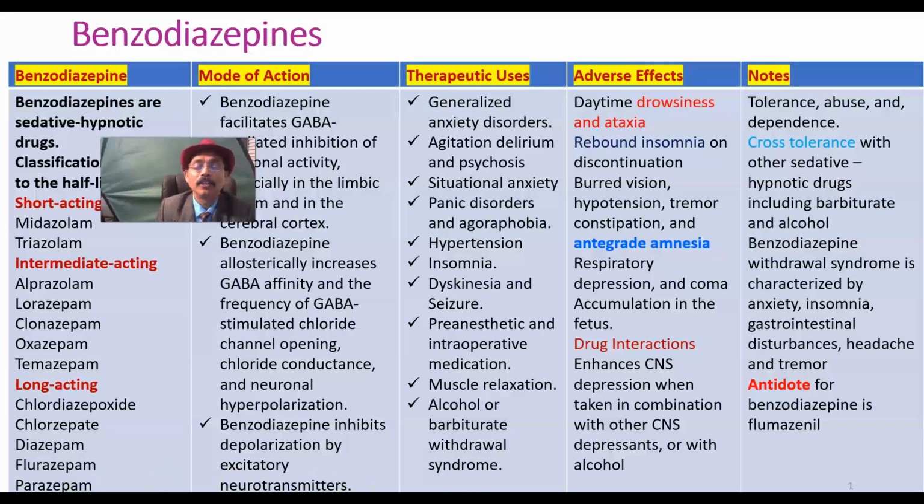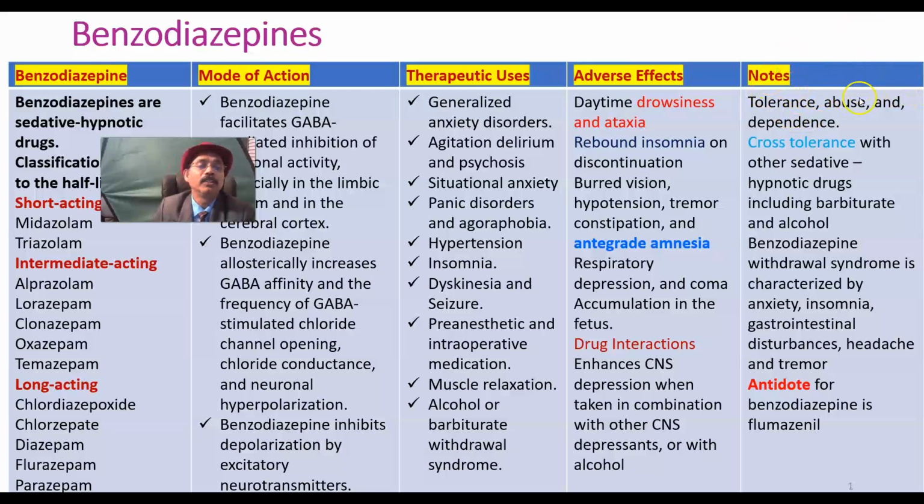Drug interaction: it enhances CNS depression when taken in combination with other CNS depressants or along with alcohol. We have some notes. This drug may lead to tolerance. If you take more and more of this drug, the response may decrease.